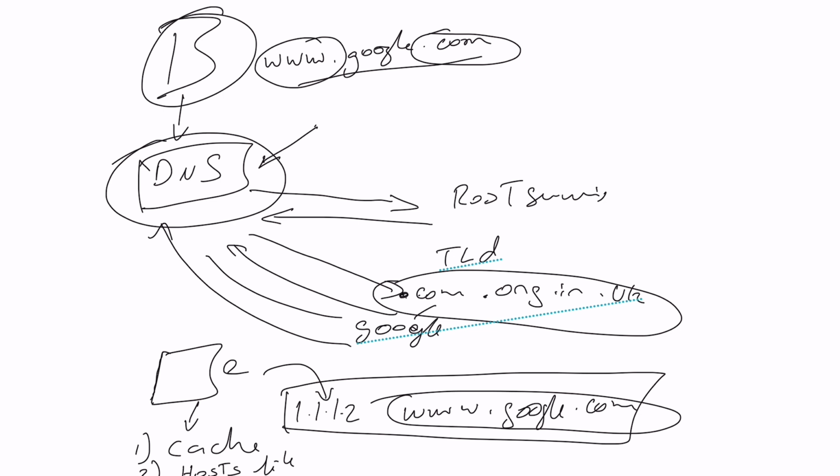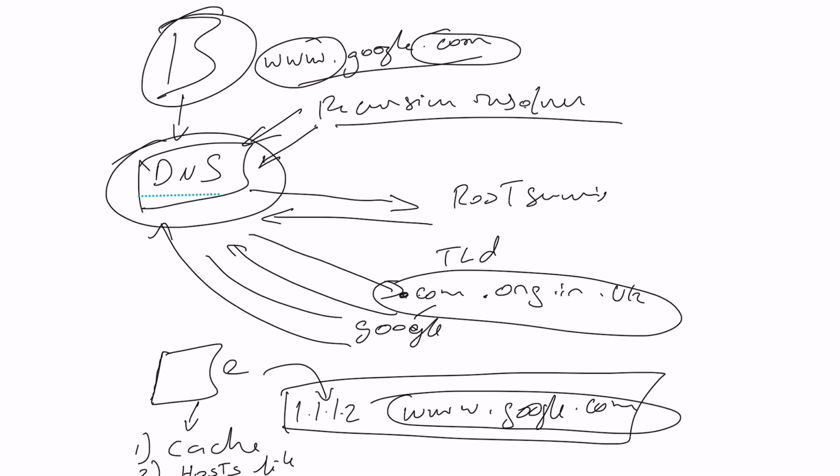You don't realize that this entire process is happening at the back end. This DNS is basically called a recursive resolver, because it is resolving for you the actual address of the server.